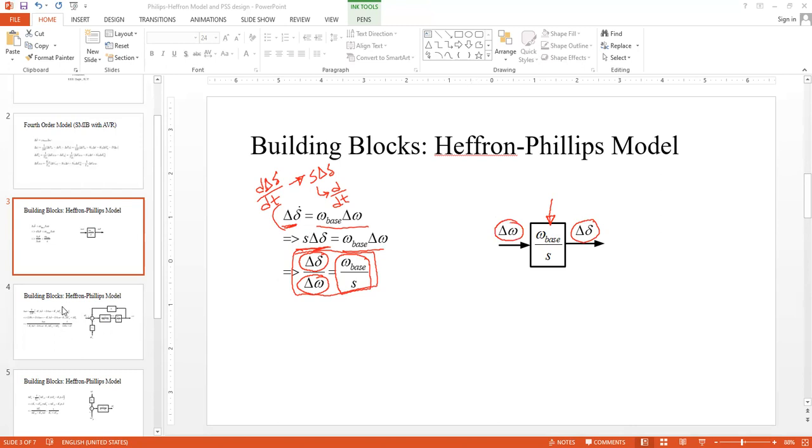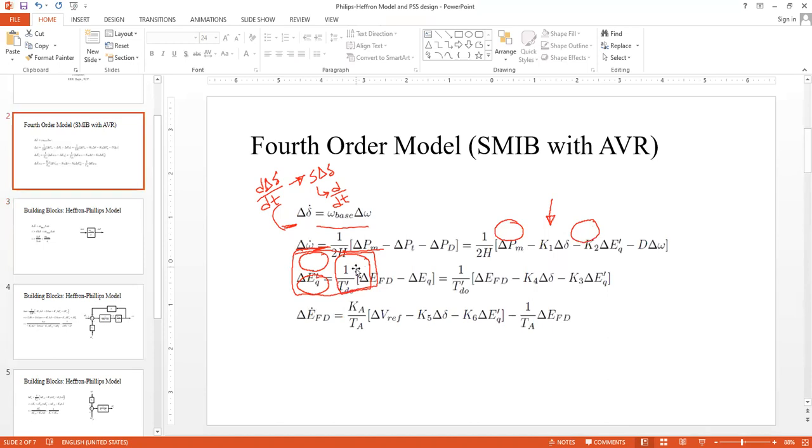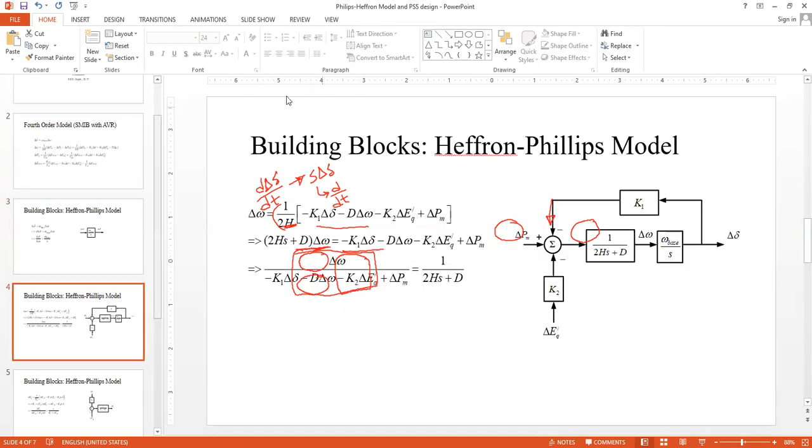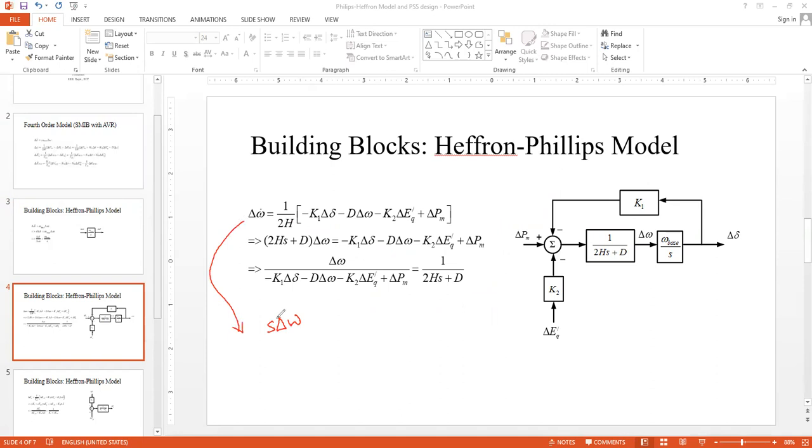Next, we take the second equation, which is the del omega dot equation. Once again, we are taking del omega dot as s del omega. If I come from here to here, I take this as twice Hs, so we're taking this to the other side.